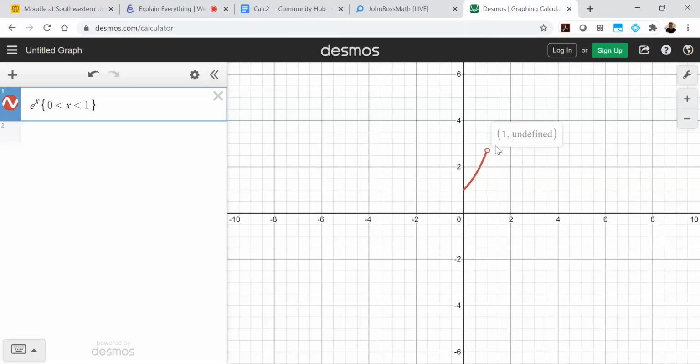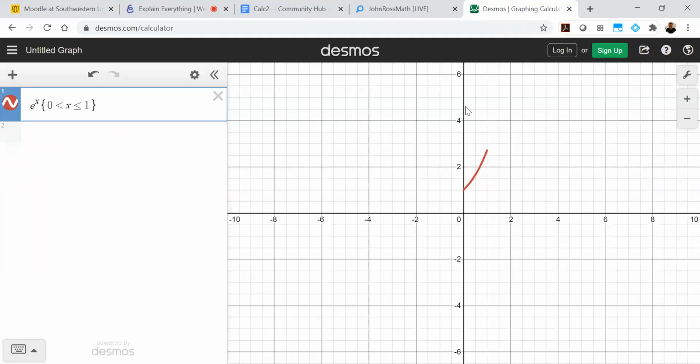I don't know why it said undefined there. Oh, it's because I made this just a strictly less than. Yeah, it is e, aka 2.7 something something something, whatever e happens to be.